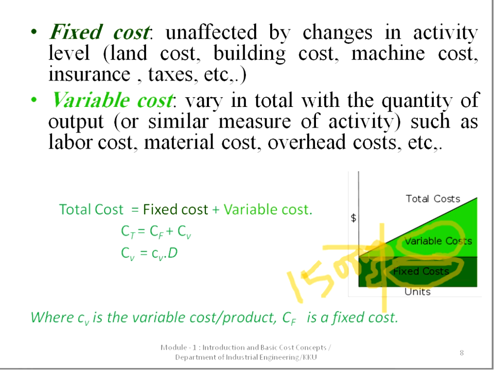Similarly, if you want to find the total cost at this last point, the fixed cost is the same 10,000, there is no change. Variable cost has increased from 5,000 to say 20,000. So this 10,000 fixed cost plus 20,000 variable cost, the total will be 20 plus 10.